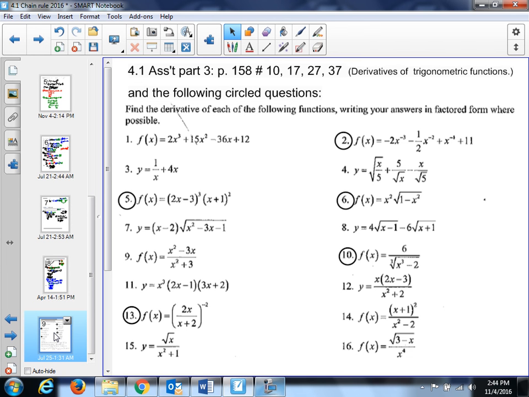I got it. 17, so more trig functions, that's what that is. And then a few of combined rules. Something like 37, by the way, is that du by dx kind of rule. Think back to that if you see it, where you're given the inside as a separate item. See what you can do with it, too.